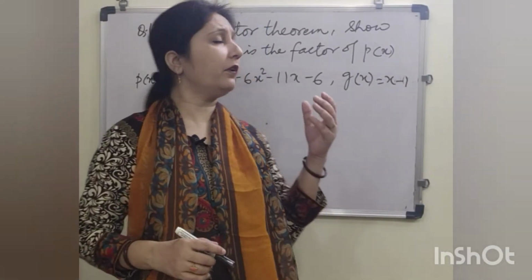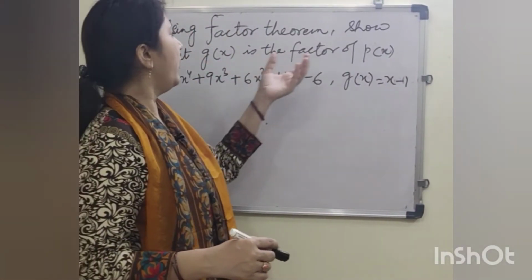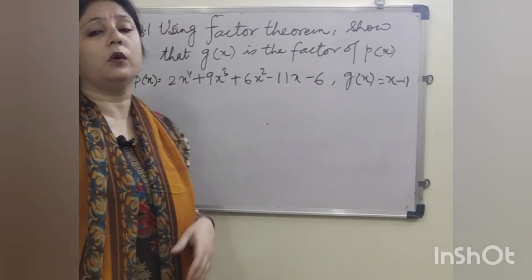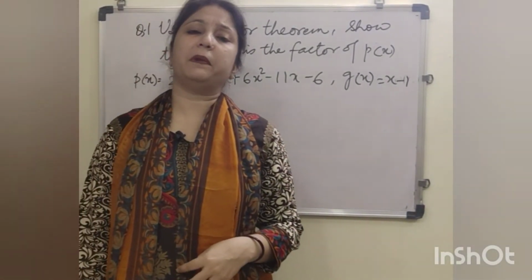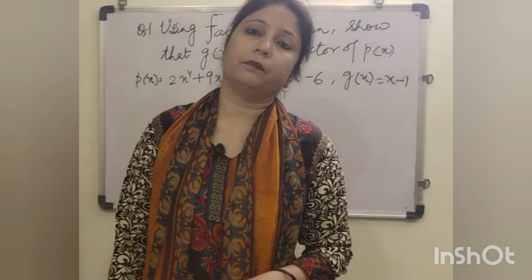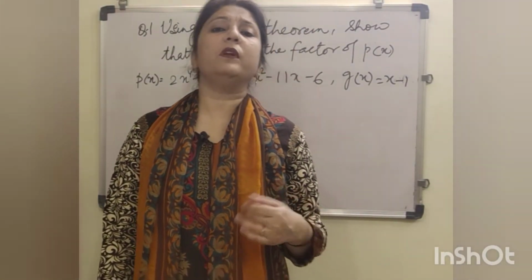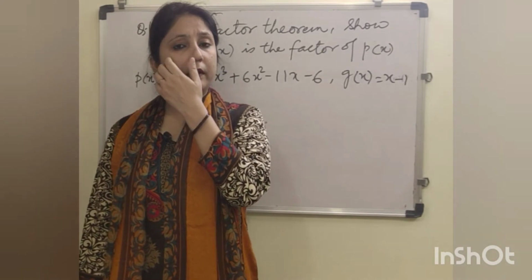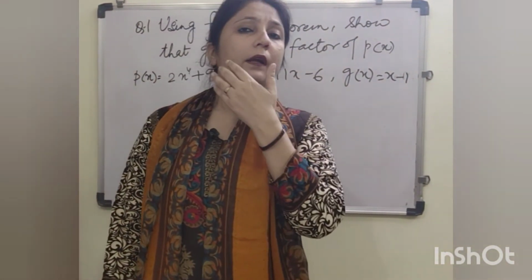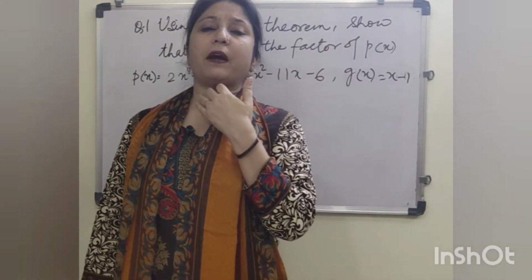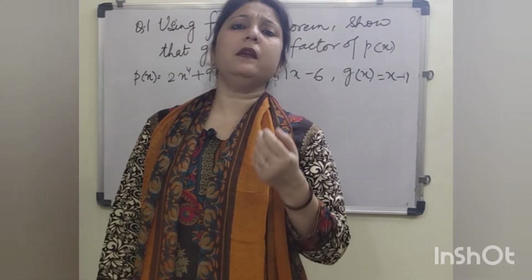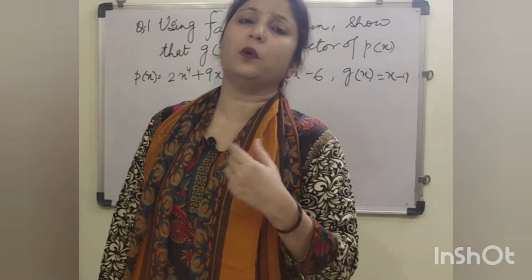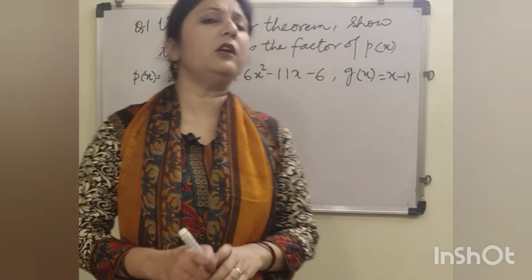Children, here I have taken up a question where you have to use factor theorem to find out whether g(x) is a factor of p(x) or not. As we did in factor theorem, if x minus a is a factor of p(x), then p(a) must be 0. Same way we will do here.